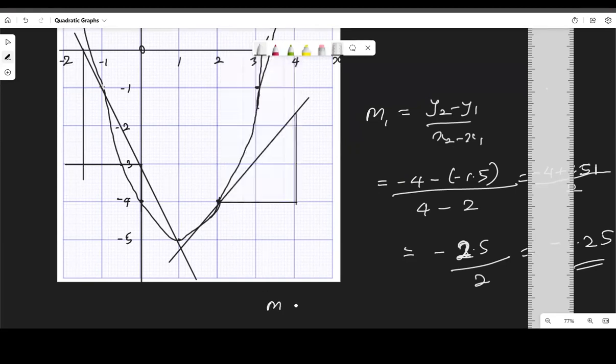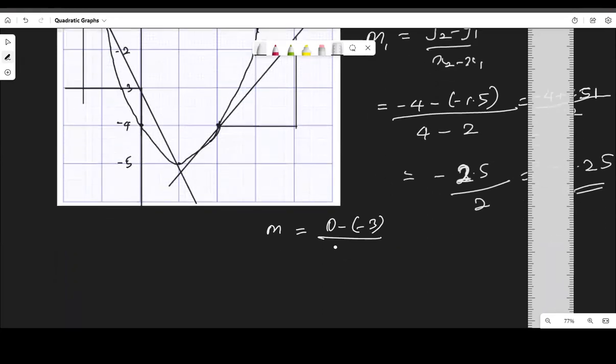Then gradient there, which is y2 minus y1. y2 is 0, 0 minus y1 is minus 3 over x1 and x2. x1 is 0, x2 is 1.5 or so, minus 1.5 minus 0, that will be 3 over minus 1.5.